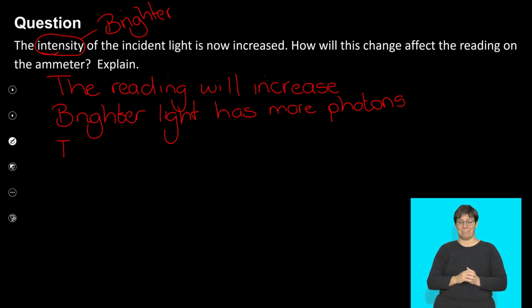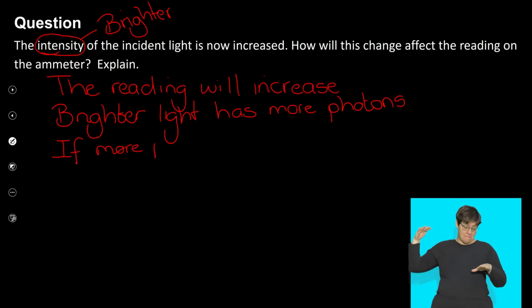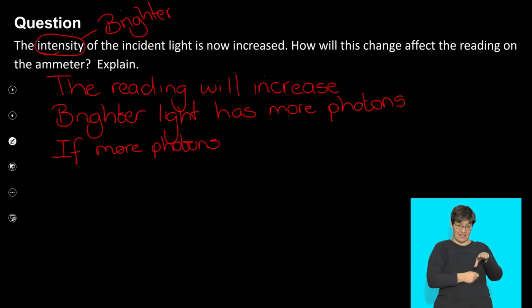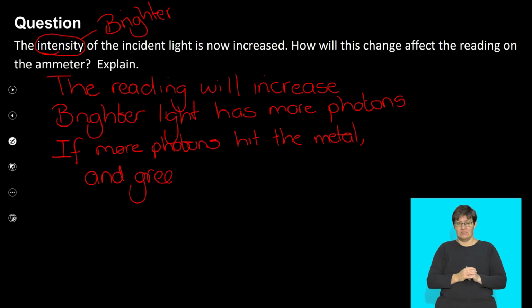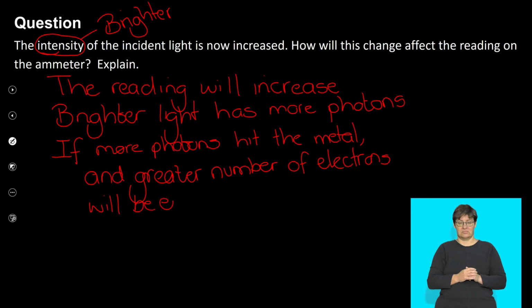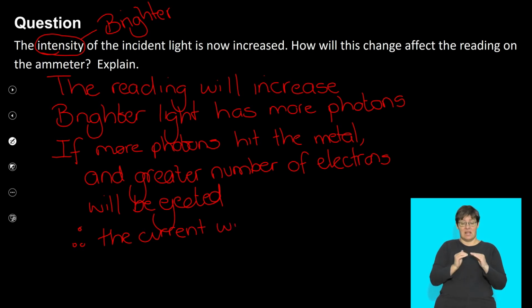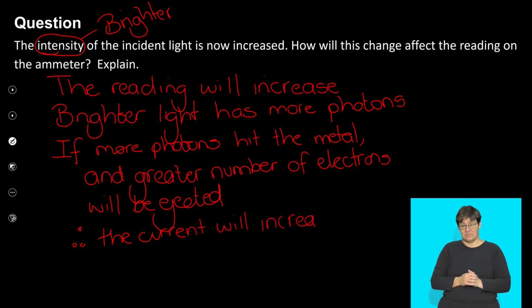If more photons hit the metal, a greater number of electrons will be ejected, so the current will increase. Just increase. The current will increase.